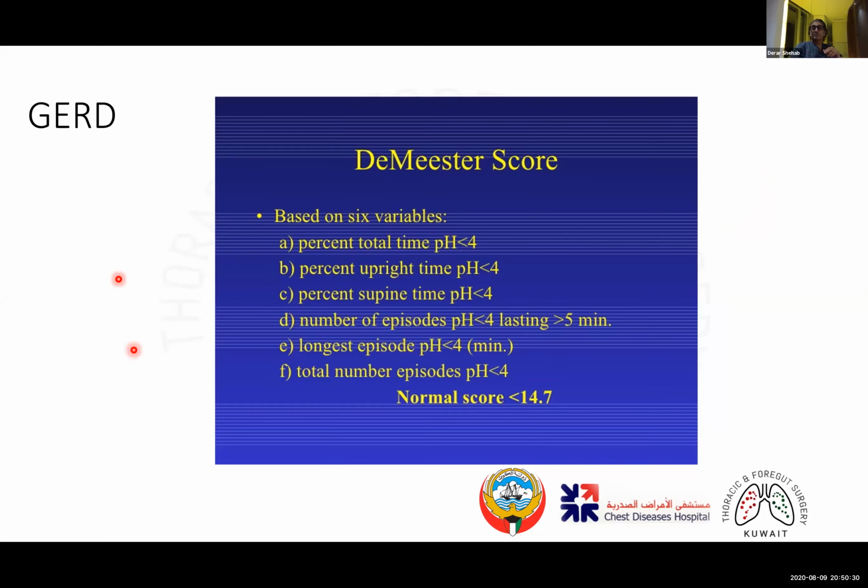All this information basically will give us a total score of 14.7. If it is less than that, usually the patient is not diagnosed with GERD. If it's more than that, most probably this patient is diagnosed with GERD. So the DeMeester score is not a must, but at least it will guide you to your diagnosis.